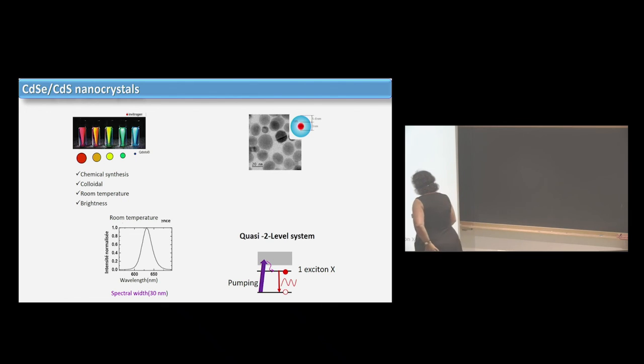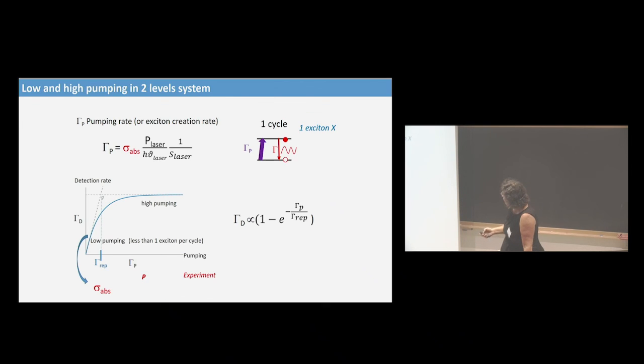But at some point they are so close to each other that you have a continuum of states. So you excite them in this continuum. You have a very quick, quasi-instantaneous, non-radiative transition to this lower level. And then you have the two levels and you make a transition. So in some sense, we can say that we have a two-level system with this exciton X.